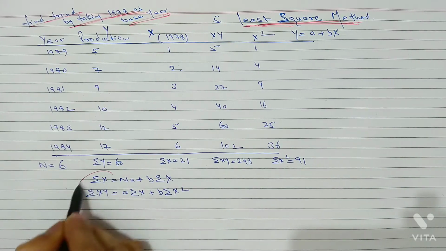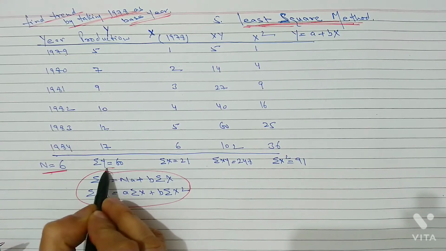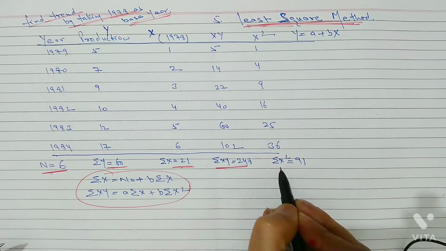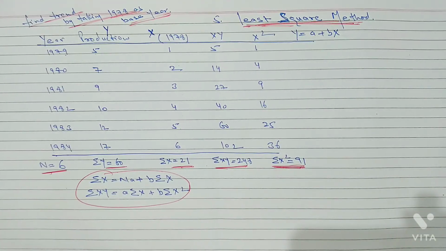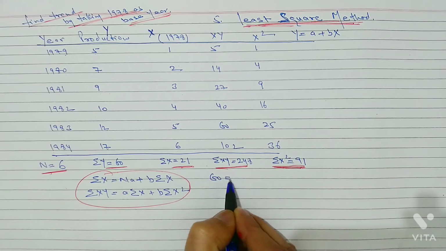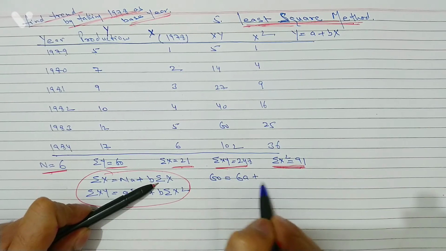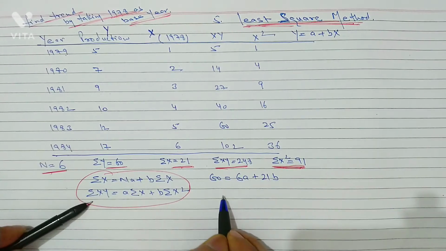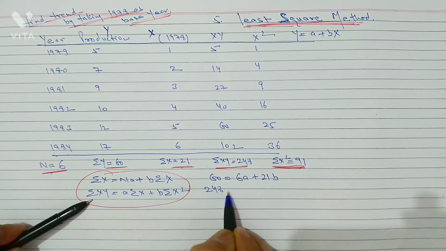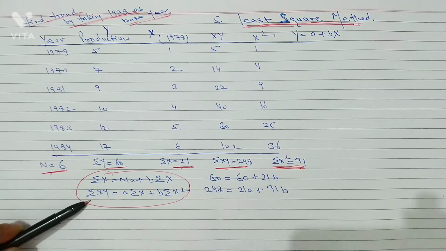These are normal equations. Now by putting the values of n equals 6, summation y, summation x, summation xy and summation x square, we get 60 equals 6a plus 21b. For the next, summation xy is 248, so 248 equals 21a plus 91b.